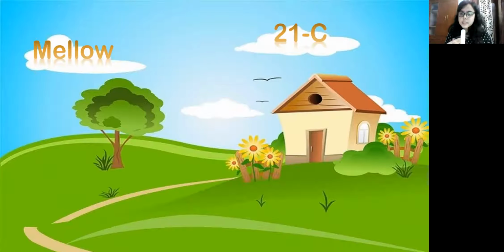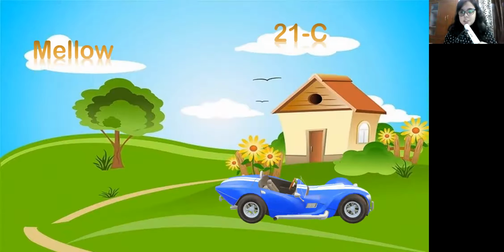You don't live in this particular town, but it's really urgent that you deliver that important parcel to your friend John. So what will you do? You'll take out your really cool race car and drive all the way to Mellow, and you will deliver that important package to John once you locate his address, 21C, in this town called Mellow, right?